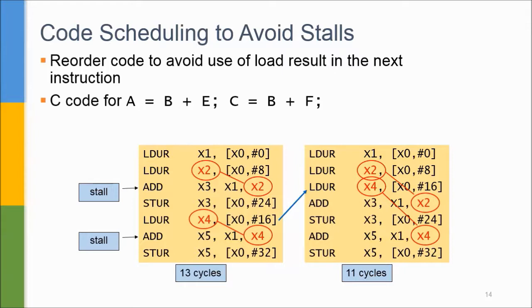On the other hand, there is a solution to avoid these stalls in pipelines, and the solution is very simple. If we simply move the third load instruction upward and write it in the third position of the code, then we see that both hazards are removed.